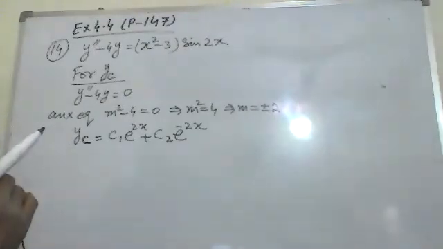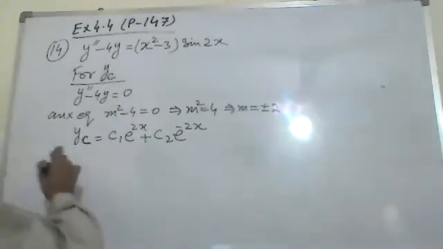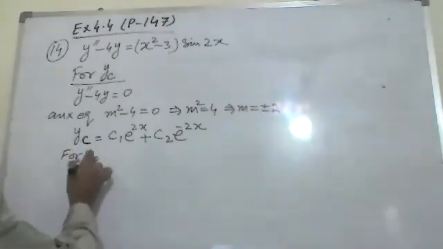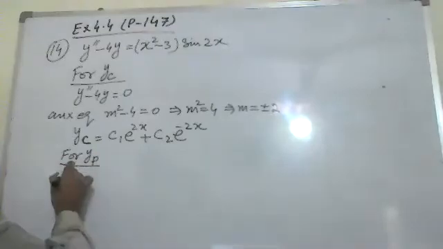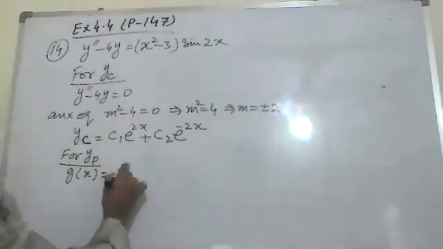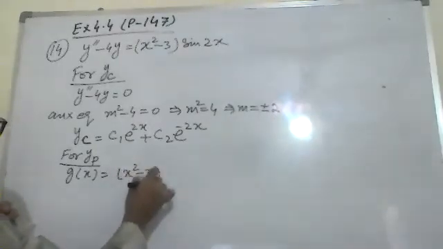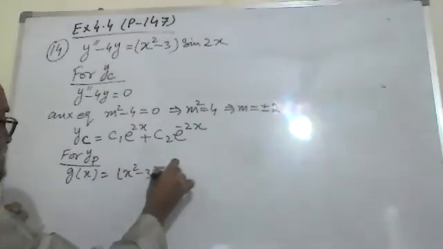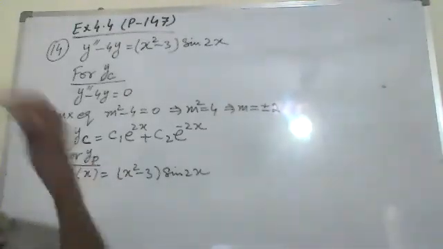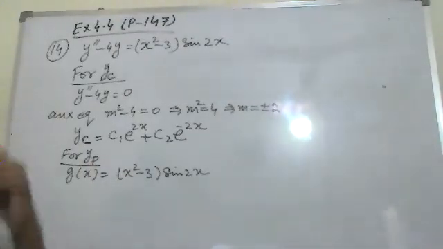Now we will find yp. For yp, g of x is equal to x square minus 3 into sine 2x.